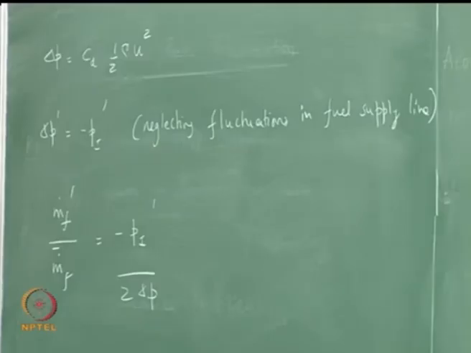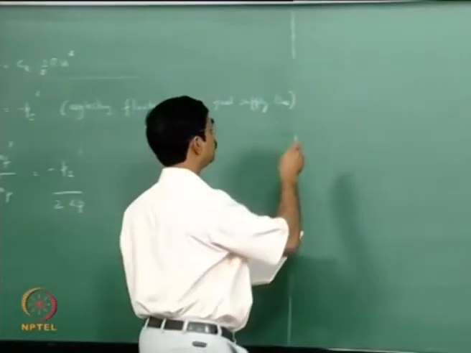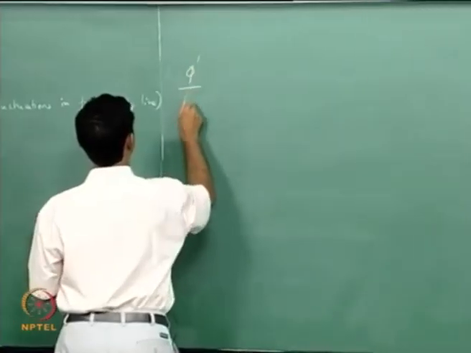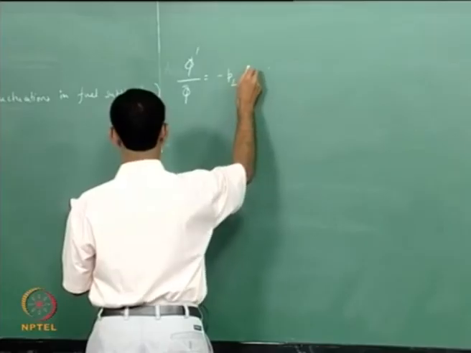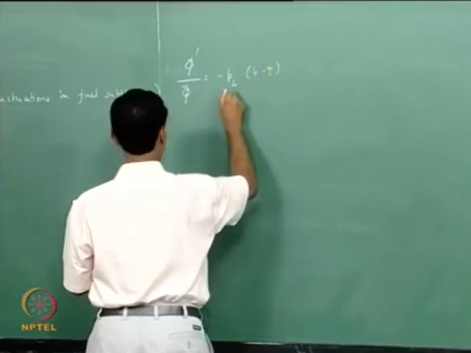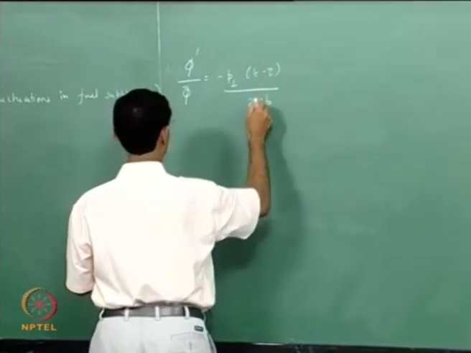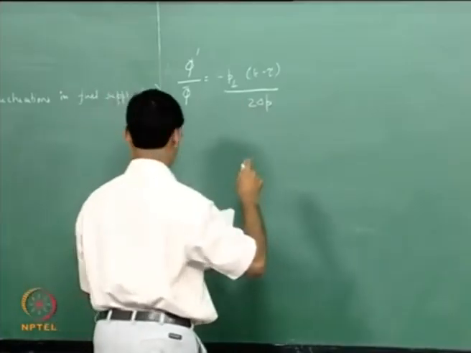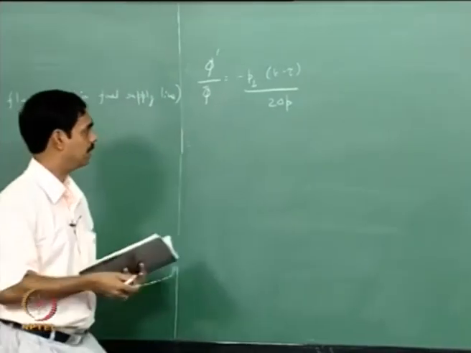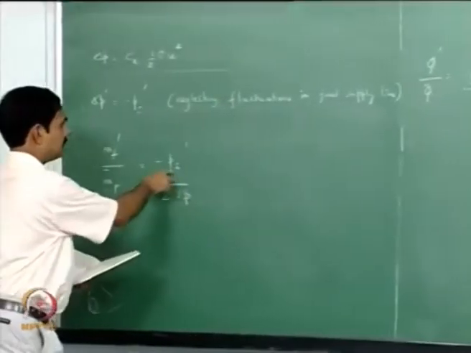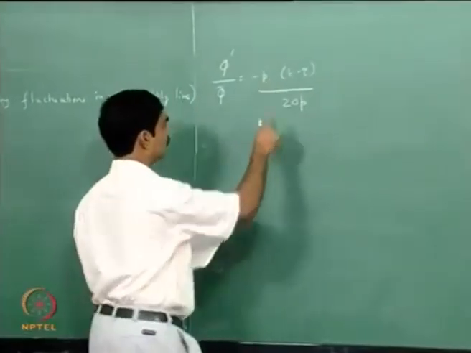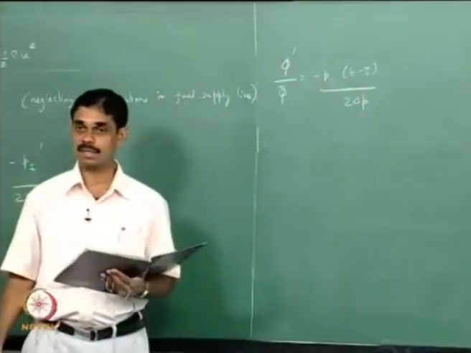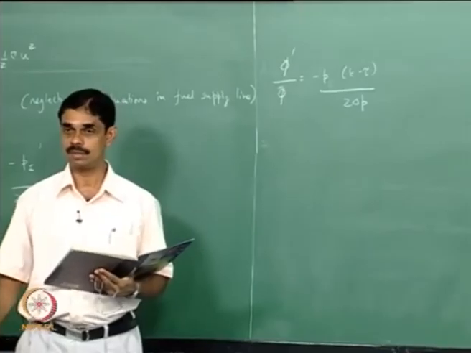Now we will look at total equivalence ratio. I must emphasize that although this is at the inlet, if you think about the pressure at the combustor, it is actually coming after a delay time of tau, that is t minus tau.